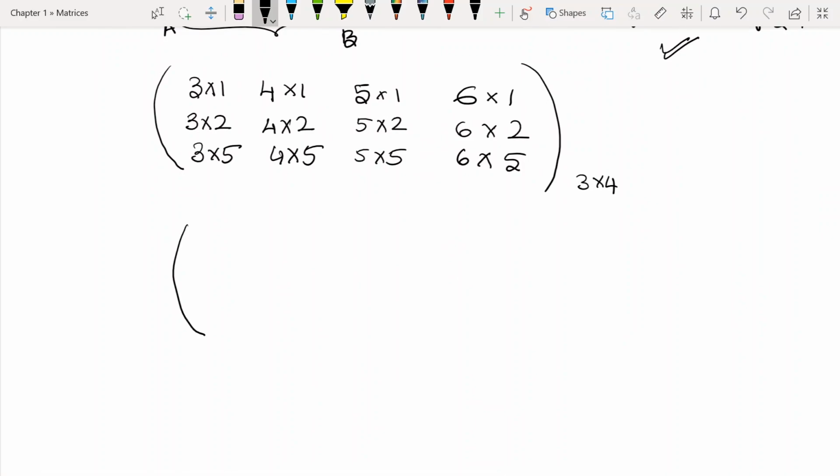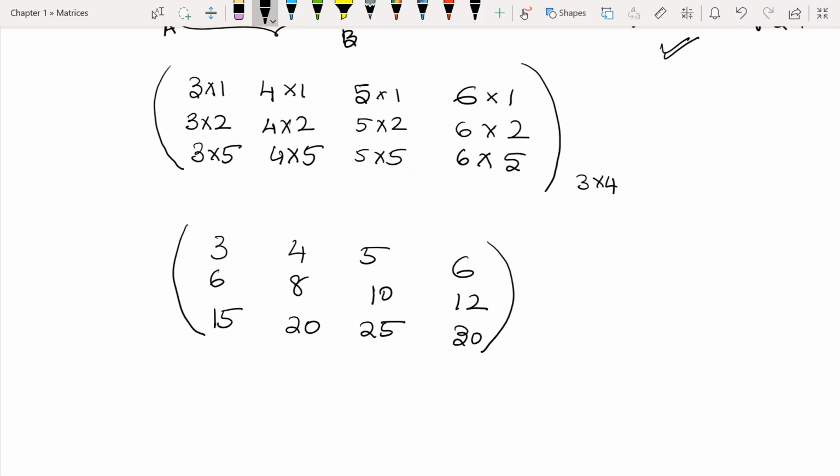This is going to be very easy for us to calculate. 3, 4, 5, 6. Okay. Here it will be 6, 8, 10, 12. Then all these numbers multiplied by a 5. So 15, 5 4s are 20, 5 5s are 25, 6 5s are 30. So this is a 3 by 4 matrix. This is our answer. Are we clear?